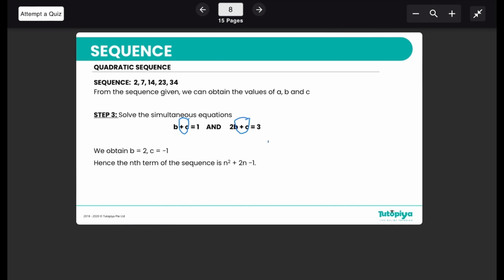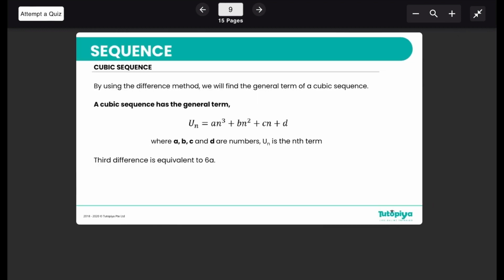When I subtract that, I have 2b minus b is equal to 3 minus 1. So therefore b is equal to 2, and then by using that b value as 2, I can write 2 plus c equals 1. Hence c must be equal to negative 1. And finally, substituting all the values you have found for a, b and c, you can give the nth term in the equation form.